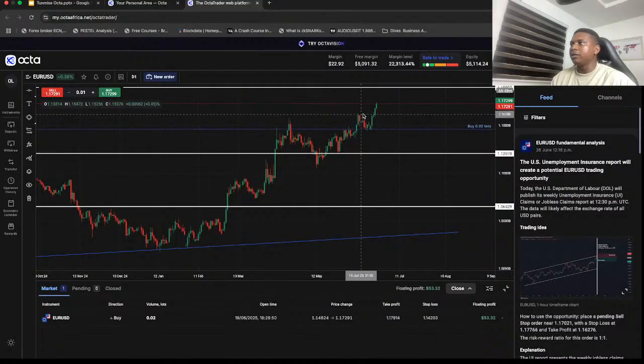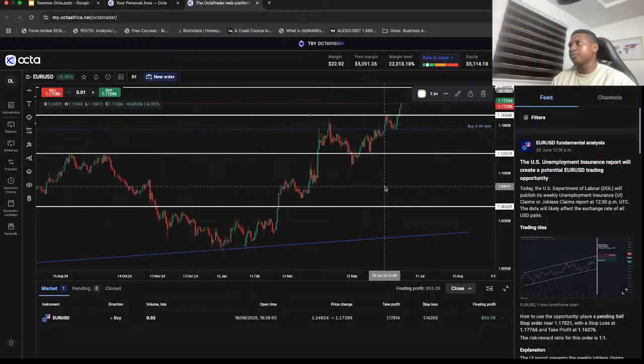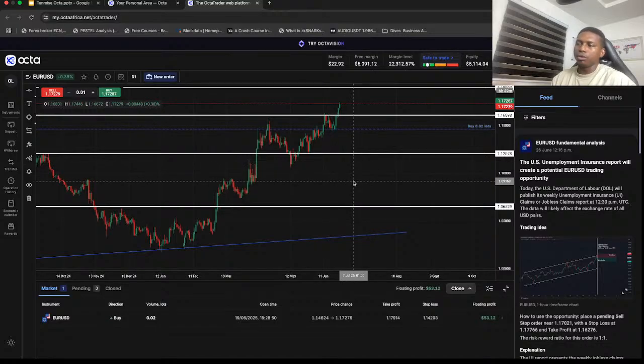And right now we can see that price retested this level and broke out of this new minor resistance zone on the daily time frame, and here there is a continuous push up in price.